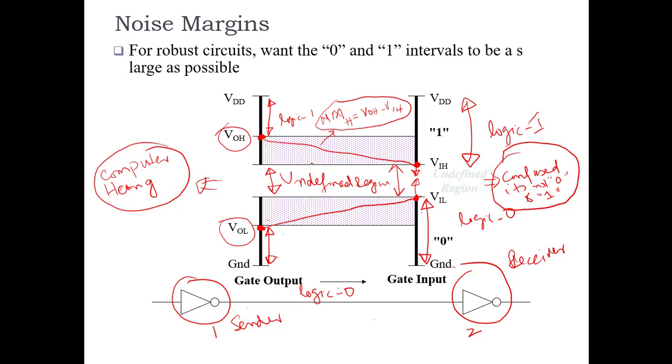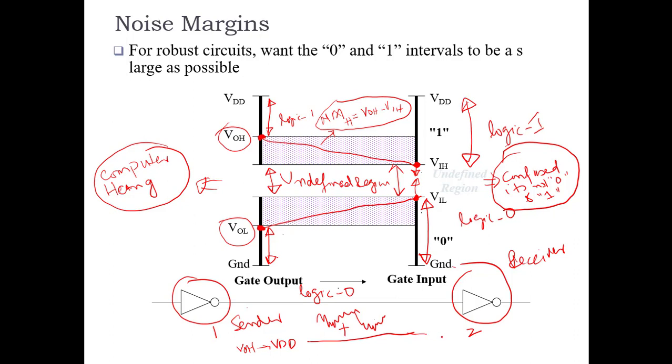So imagine the sender is sending a 1 that is between VOH and VDD, but on the way there is some noise. Noise can go up, it can go down, so this mixes with my signal.